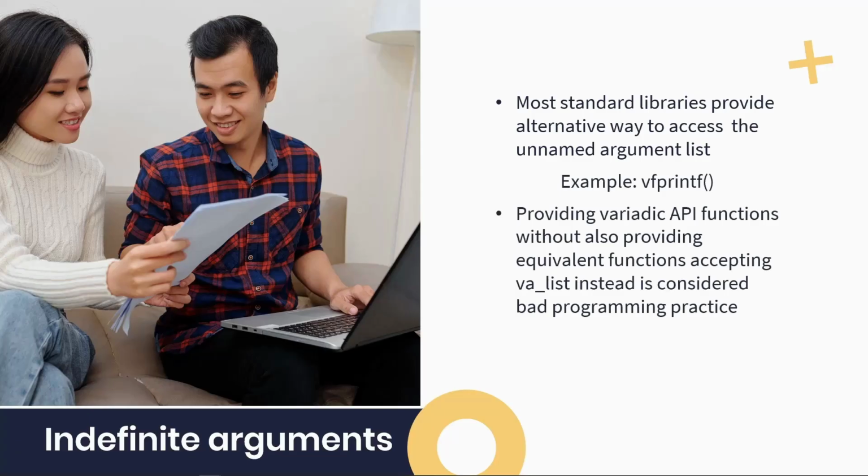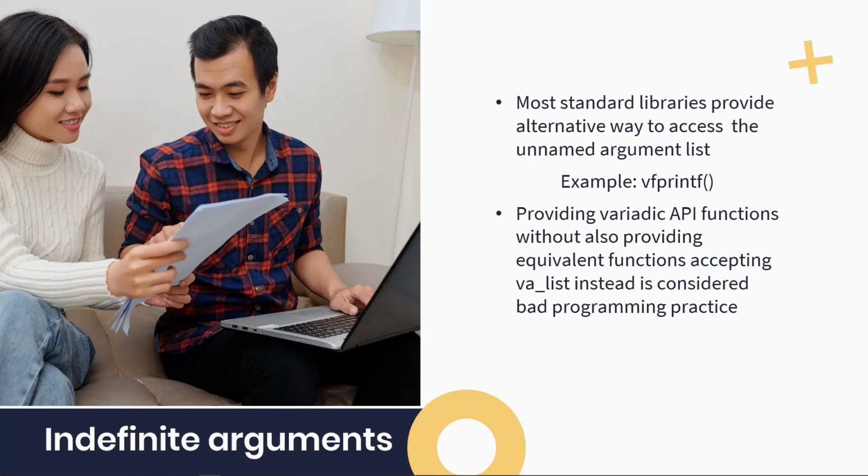It expects a VA list instead of the actual unnamed argument list. A user-defined variadic function can, following this logic, initialize a VA list variable using VA start, then proceed to pass it on to the relevant standard library function, which has the indirect effect of passing the unnamed argument list by reference instead of passing it by value.